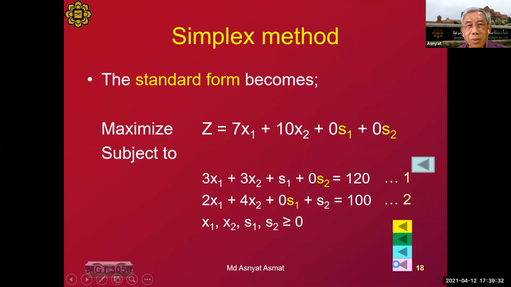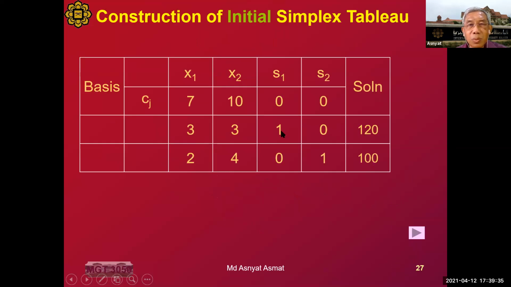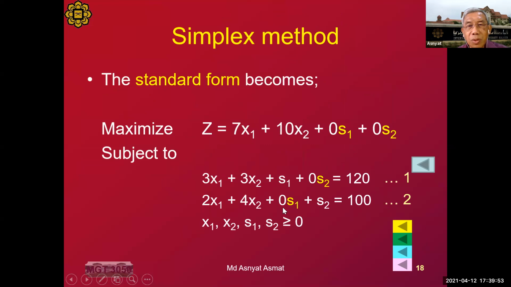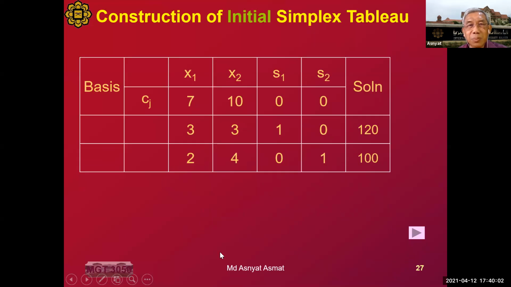Okay, take note. 3, 3, 1, 0. The 120 is written at the solution column. Okay, let's look at the second row. 2, 4, 0, 1, 100. Okay. So we just put in this one.